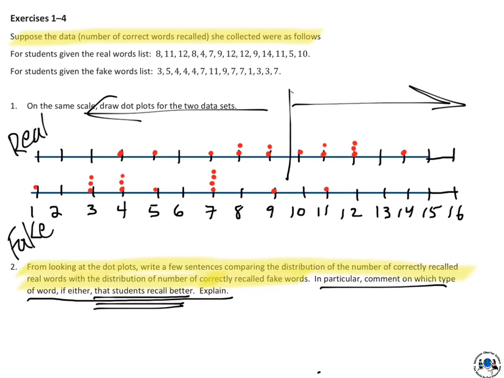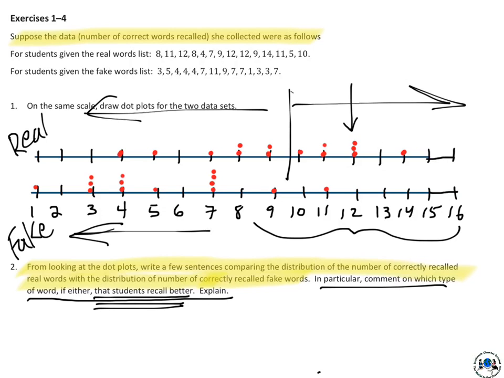There's not a lot of groups here. There's only kind of a group of 3 that remember 12, but more or less it centers around 9 or 10. Whereas with these fake words, not a lot going on in the larger number recall. It's very much skewed to the left here.